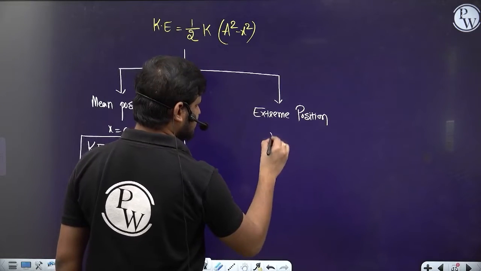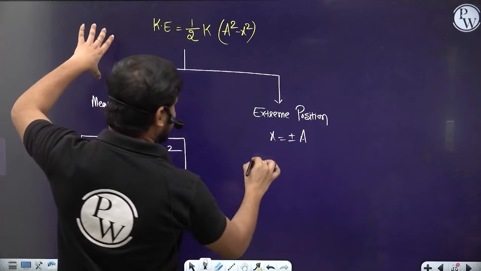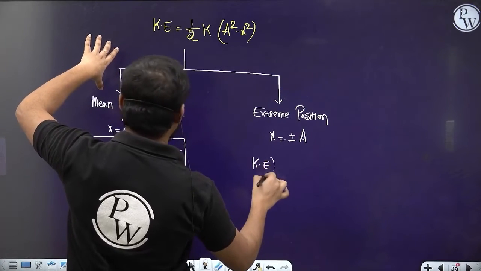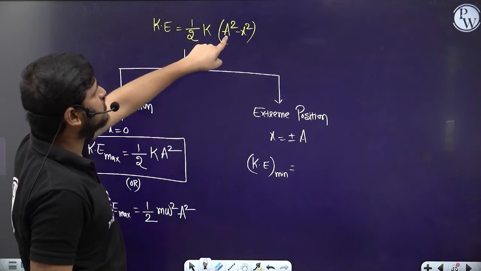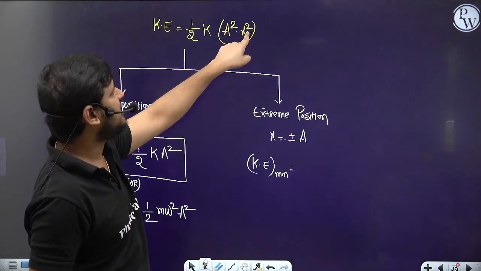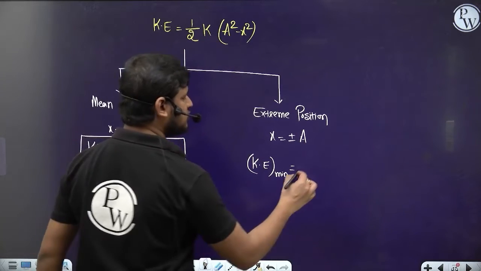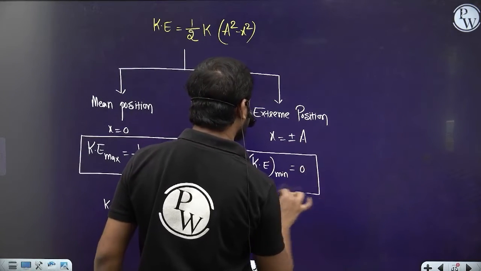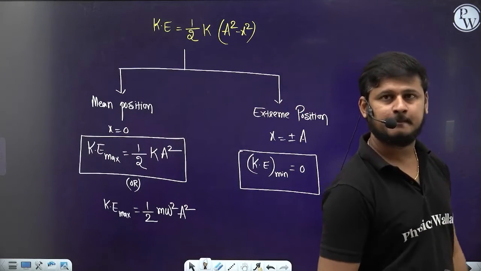Now the kinetic energy will be minimum. This term will become 0, because in place of X, if you substitute A square minus A square, that is 0. So 0 into something is 0. So the kinetic energy will be minimum, which is 0, at the extreme positions.